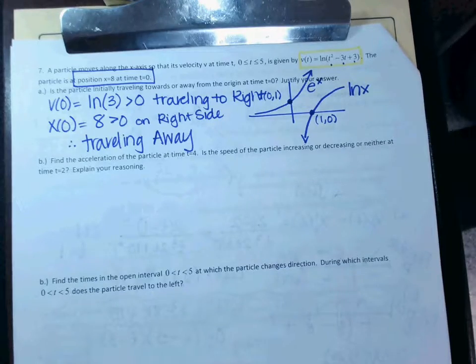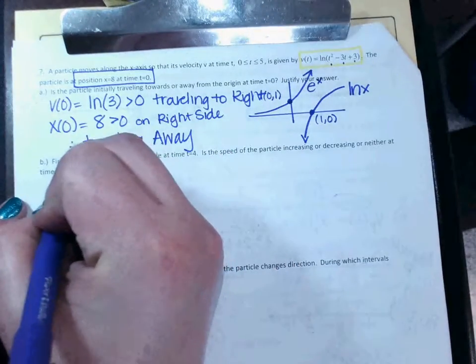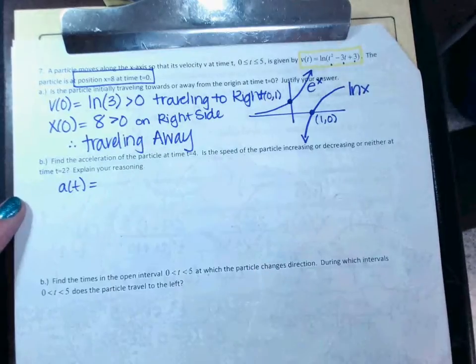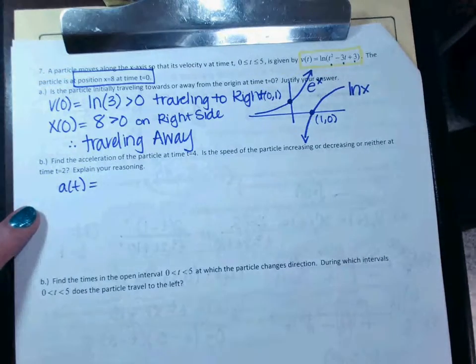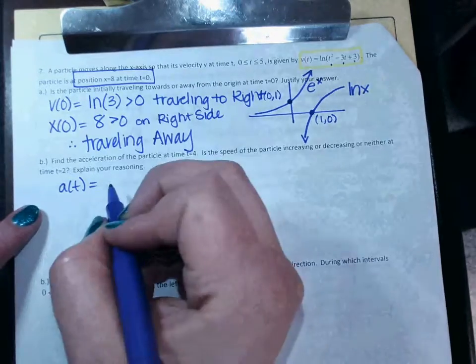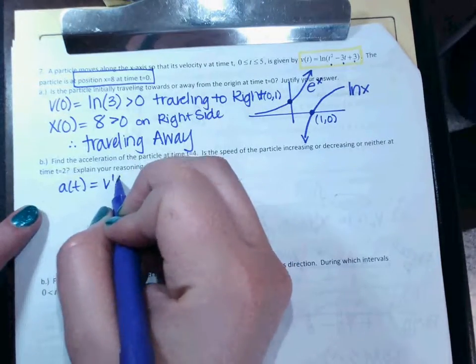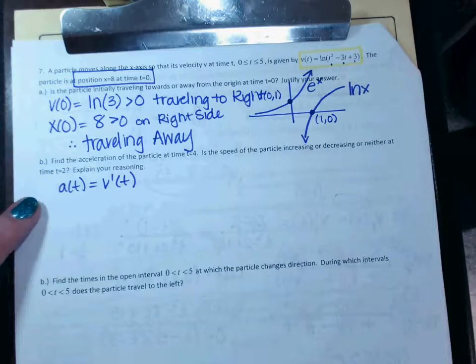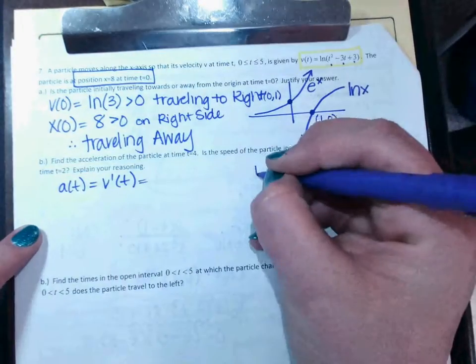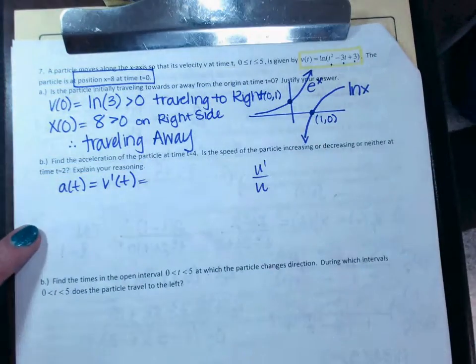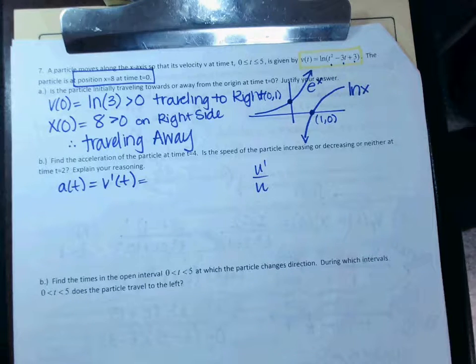How do you find the acceleration? Okay, integral or derivative? Which one if we have velocity? Derivative. So we're going to find v prime of t. And then remember we just did the rule for ln. So remember it's going to be u prime over u. So think about that for a second. U prime over u.